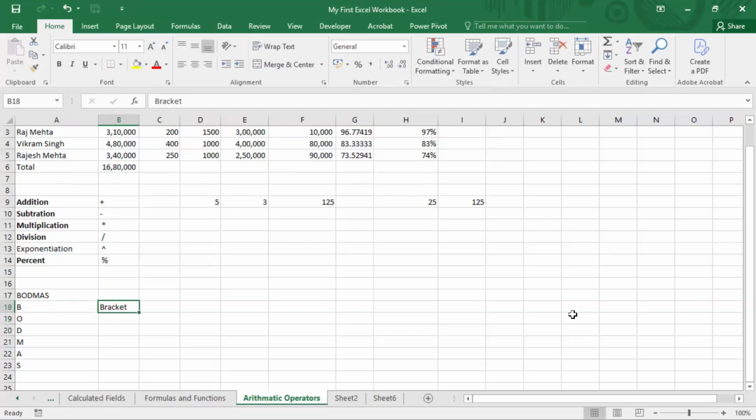Whenever you are calculating any formula, brackets will be evaluated first.